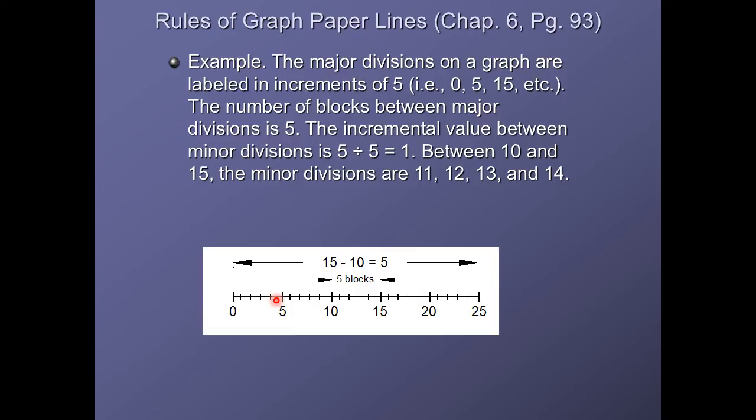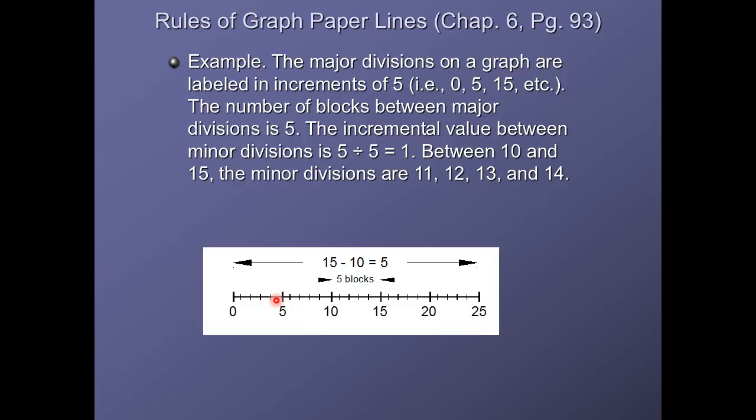So there are 5 blocks. That means the difference between two major divisions is 5, right? 0 to 5, or 5 to 10. So between each major division there is a difference of 5, and inside there are minor divisions.